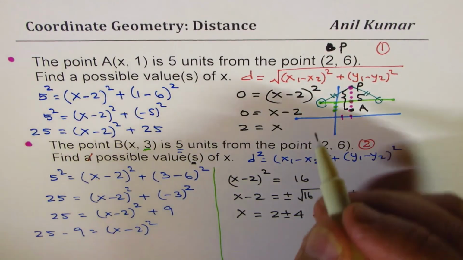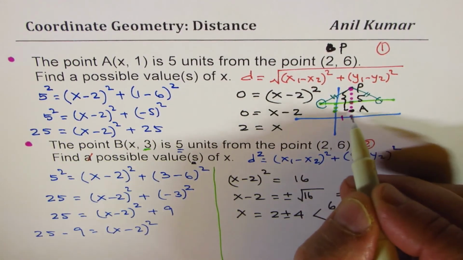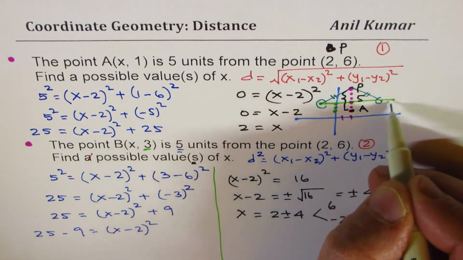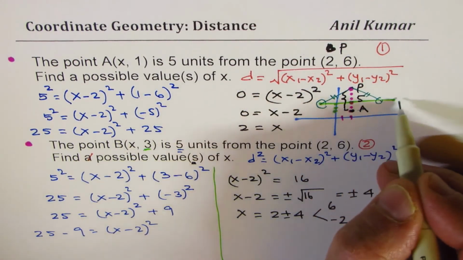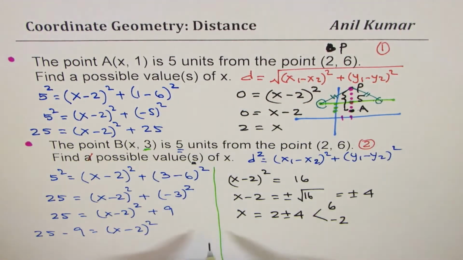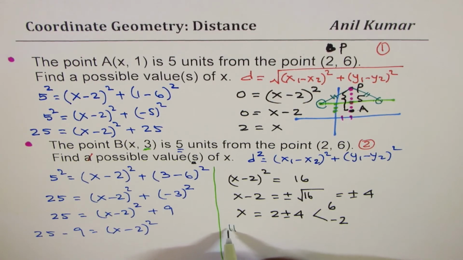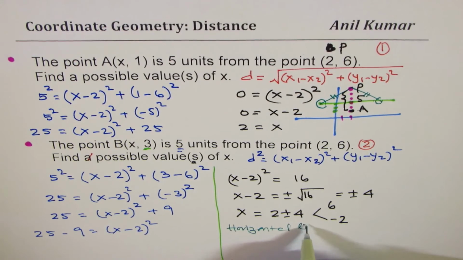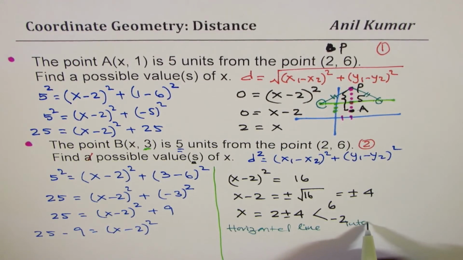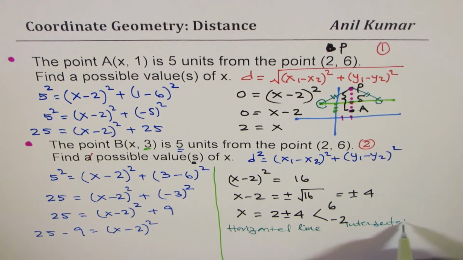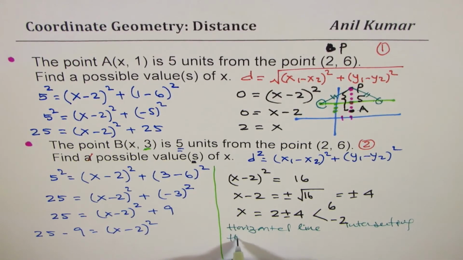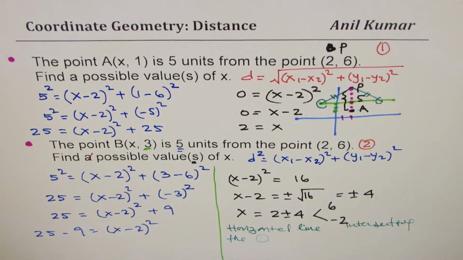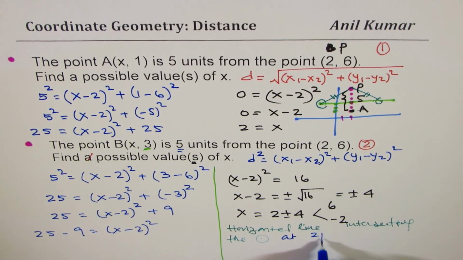So thinking about a circle, you can say a circle will intersect a horizontal line at 2 points. So basically, a horizontal line intersecting the circle at 2 points.